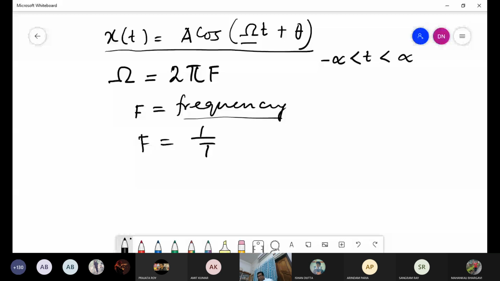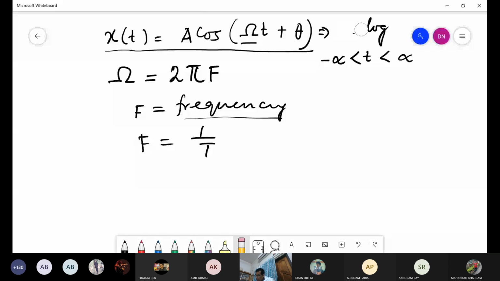Now for the discrete time signal, what kind of frequency, how can we think of this frequency and other things for a discrete sinusoidal? This is for the analog sinusoidal signal. Analog or continuous time, you can say.